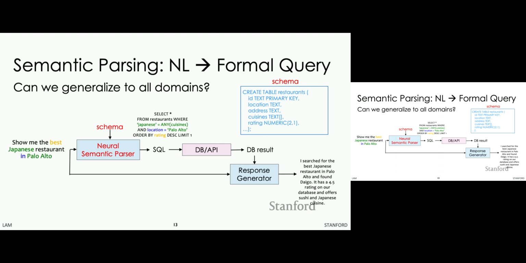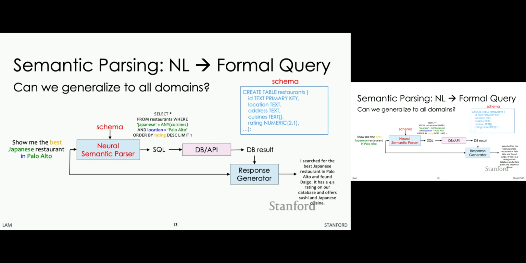If you show me a restaurant schema, then I answer restaurant questions. But if you give me a hotel schema, I'll answer hotel questions. If you give me chemistry or whatever it is, you just stuff it in there. And then you want to have a semantic parser that can give you the formal representation no matter what domain it happens to be.